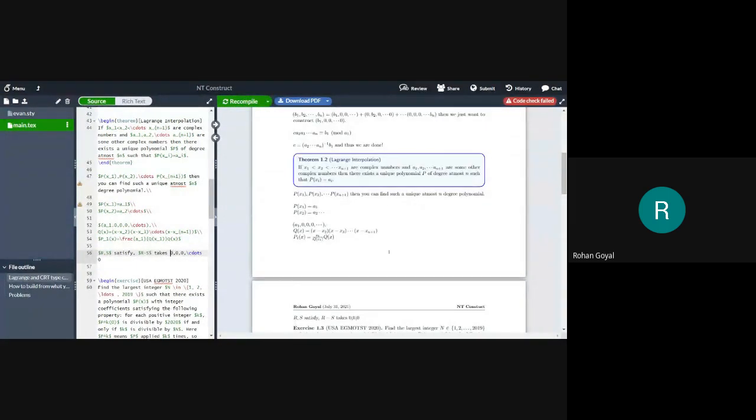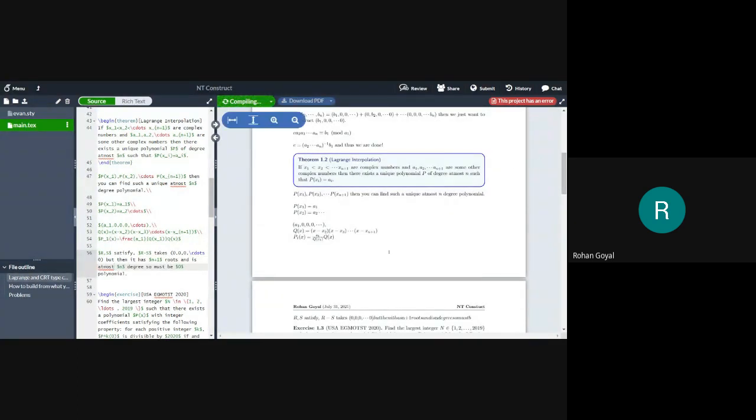But then it has n plus 1 roots and is degree n, so it must be the zero polynomial. Yeah, that's it. We're done.